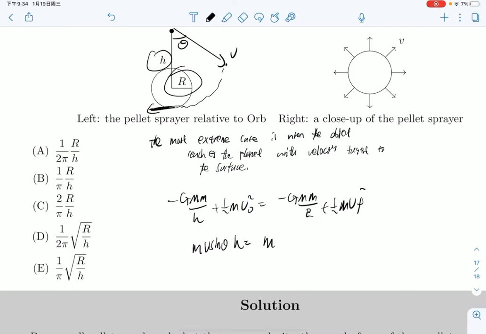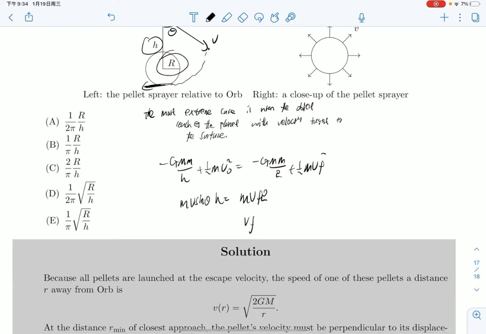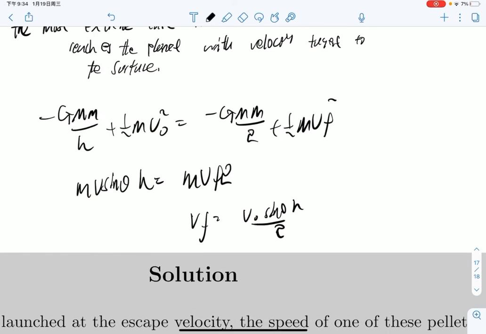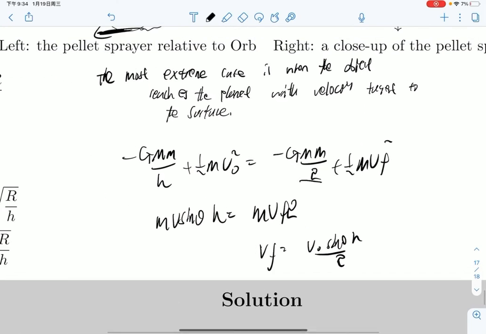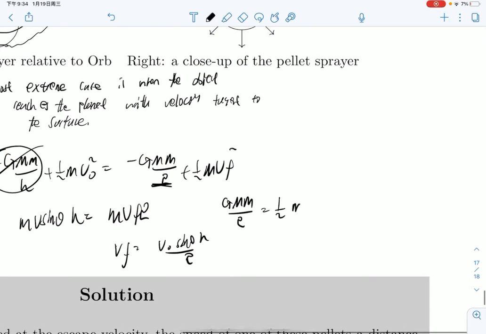You'll have v final is equal to v initial sine theta h divided by r. Yeah, I think that's it. And if you plug in the terms, and because this term is way larger than this term, you just ignore this term. You can have G big M small m over r is equal to 1/2 m v0 squared times sine theta h r squared minus 1.